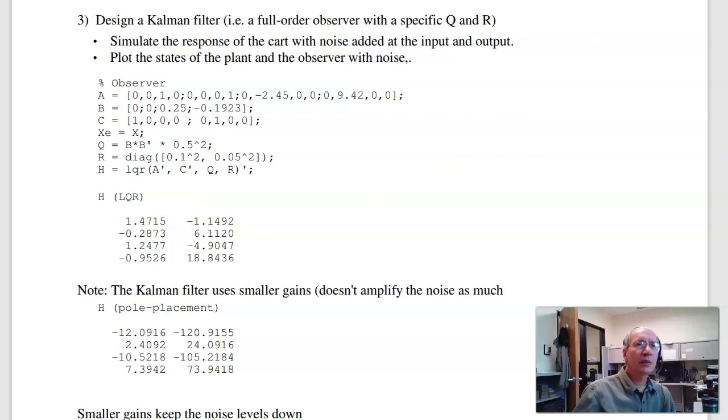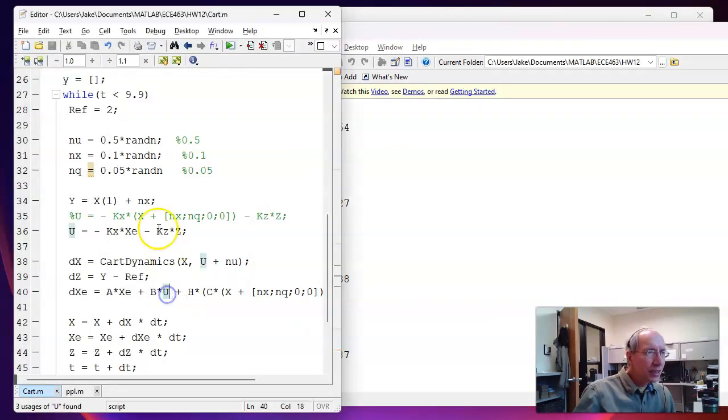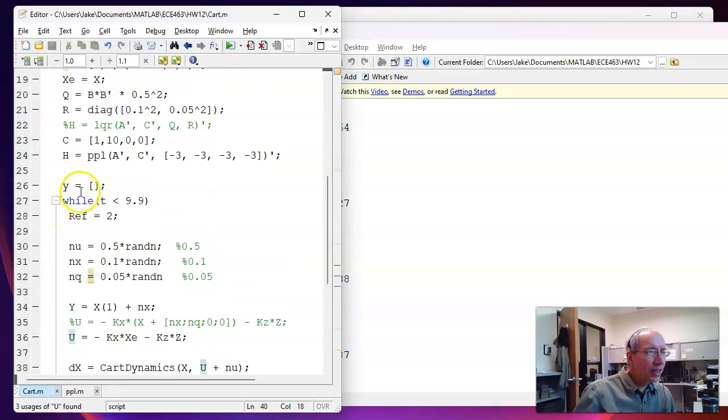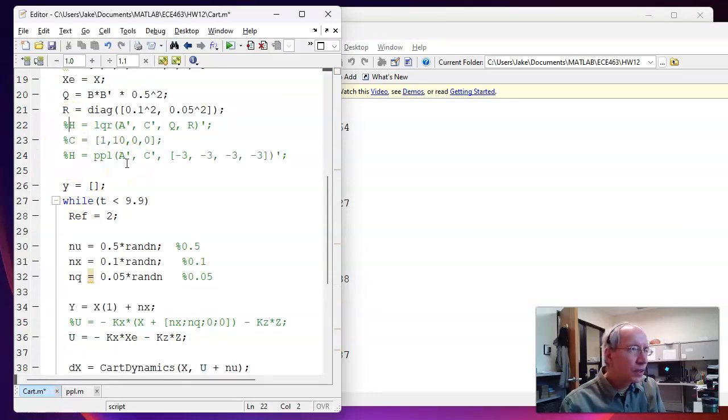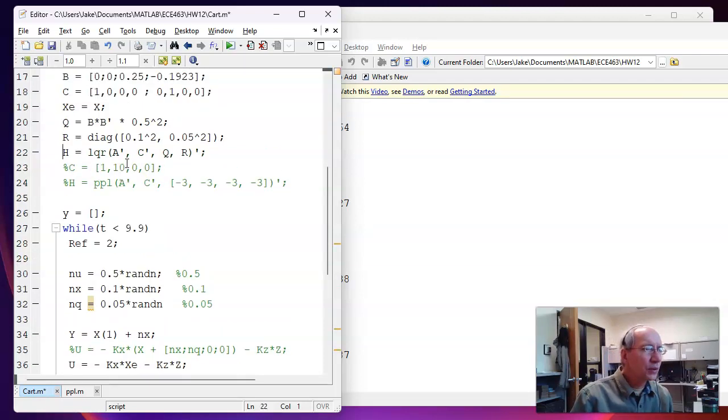So trying that, what it kind of looks like is this. You go over here, and rather than using pole placement to find H, I'm going to use LQR techniques. Now when I do that, I'm going to have a 4x2 matrix. Both sensors are being used.